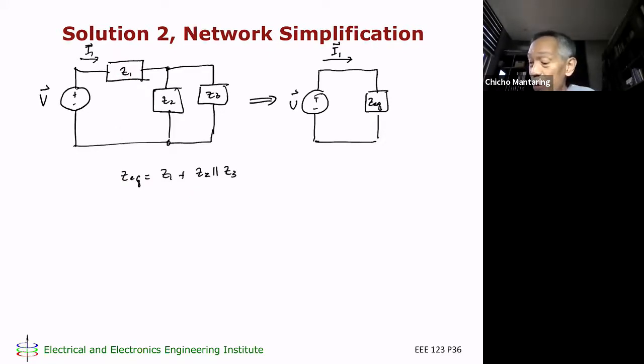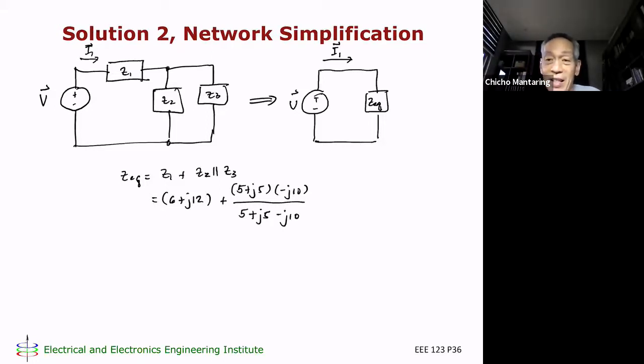No? So what is Z1? Z1 is 6 plus J12. And then you have Z2 in parallel with Z3. Z2 is 5 plus J5. Z3 is minus J10 over 5 plus J5 minus J10. No? Siguro alam na ni Aquino yung sagot nito. Napindot na niya.